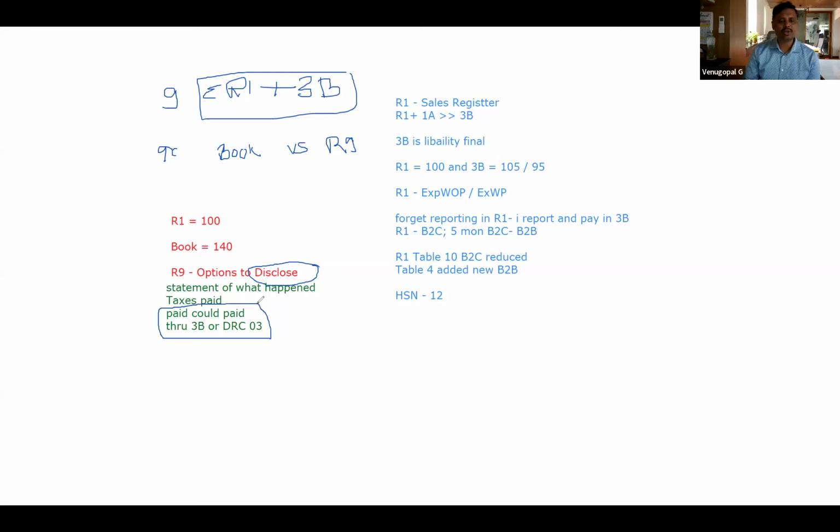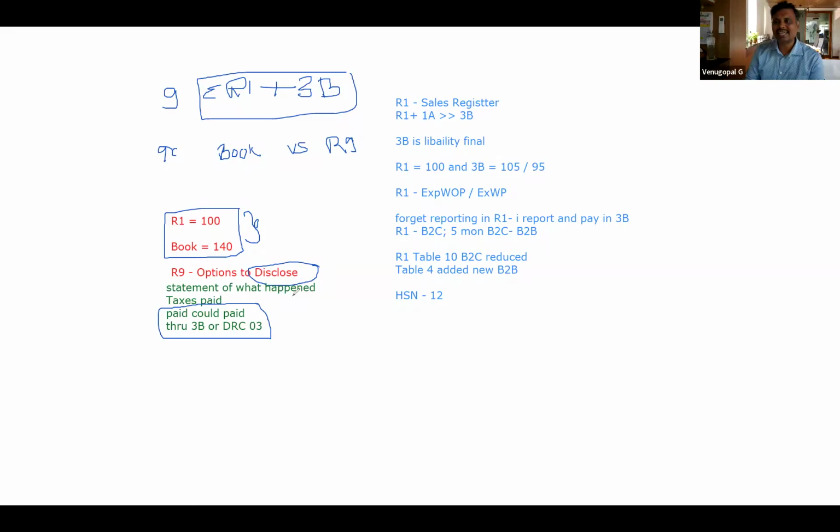You are not talking about taxes payable. What comes as a difference here between 100 and 140? What goes to GSTR 9, please listen carefully, is what happened.